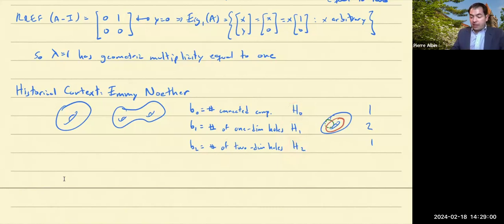And Noether's idea was that if you keep track of these, then every time you have a map between spaces, you end up with a map, a linear algebraic map between the corresponding vector spaces. So you go from geometric maps to linear algebra maps, right? This allowed transforming problems from geometry to algebra and revolutionized topology.